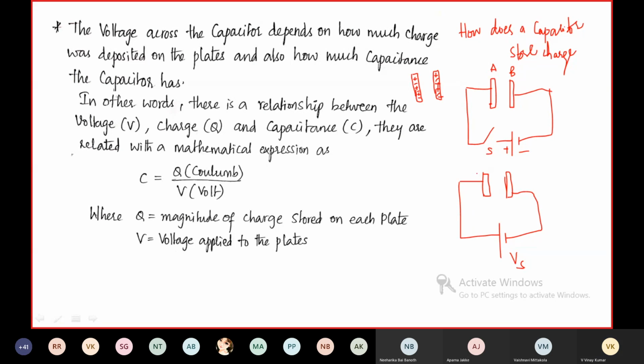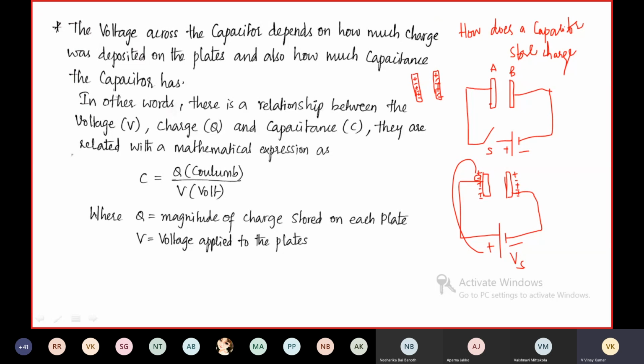These two are neutral plates without any applied voltage. The moment you apply voltage, this is the positive terminal, whereas this is the negative terminal. The electrons will get attracted by this positive terminal.